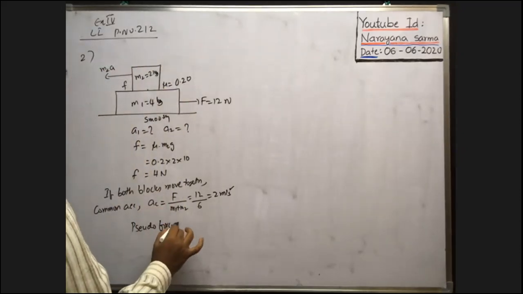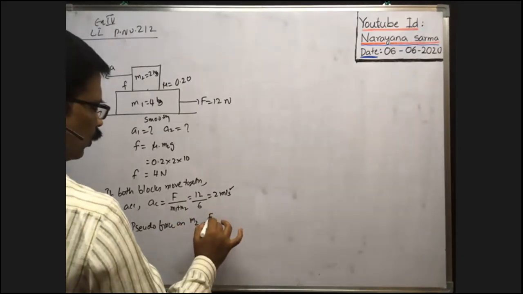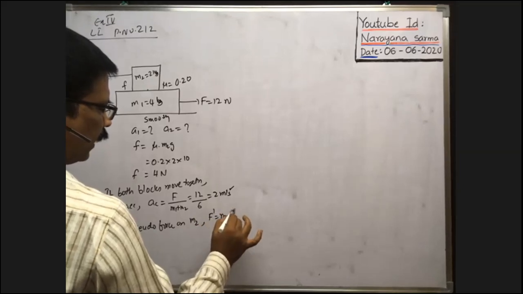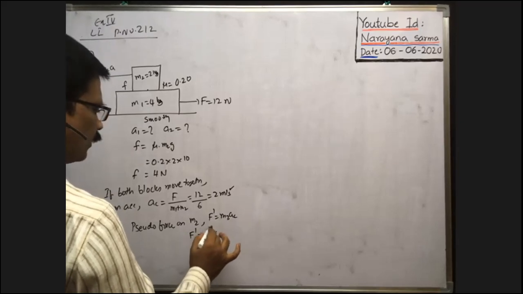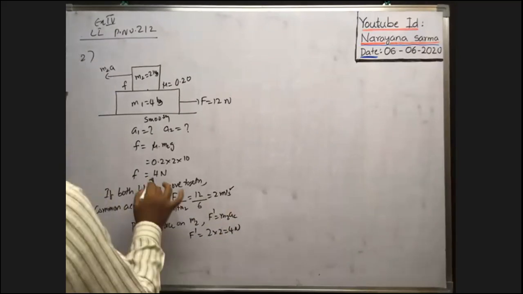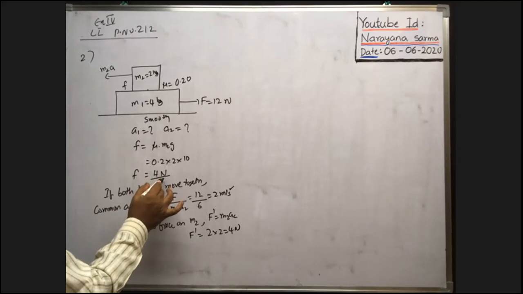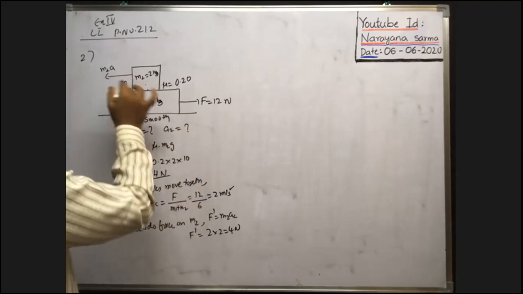So pseudo force F dash is equal to m2 AC, which is 2 into 2, that is equal to 4 Newton. Friction force is also equal to 4 Newton. That means limiting friction between these two is 4 Newton. Pseudo force acting on the block is 4 Newton.